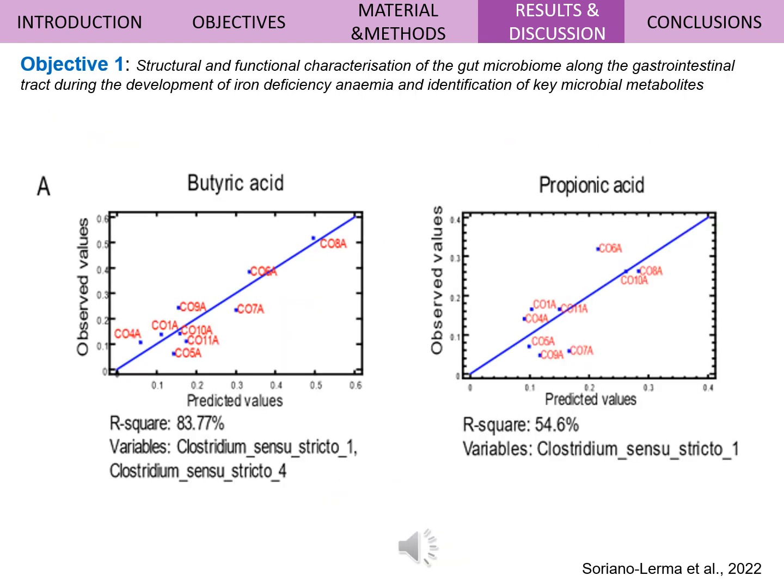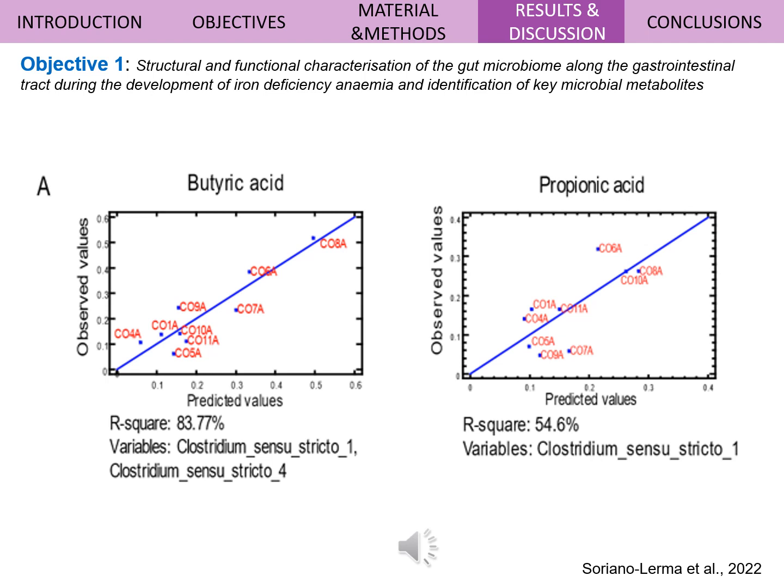To identify potential short-chain fatty acid producers, we performed a multivariate regression analysis to identify the variables mostly influencing variability of short-chain fatty acids.